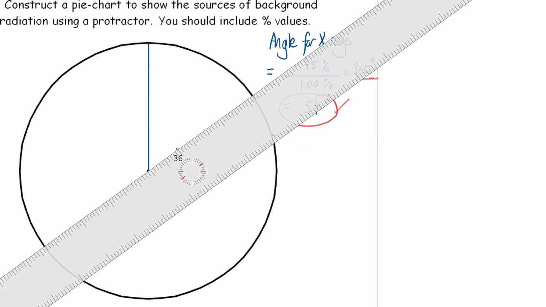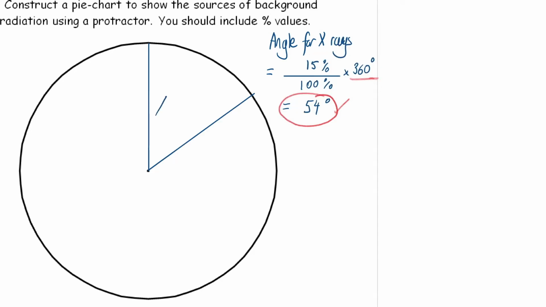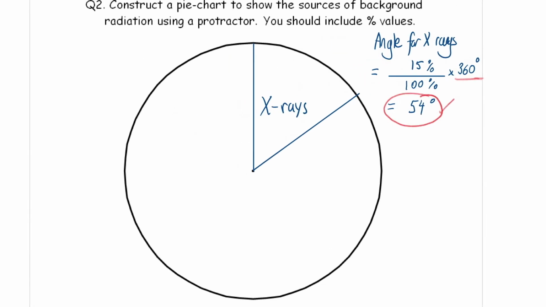You'd have just put the reference 0 degrees at one line, and I'll make a mark at the angle you require. So I'm just going to put that in there now for X-rays. And you can complete that. This isn't going to be a self-assessment, this is going to be a teacher assessment.